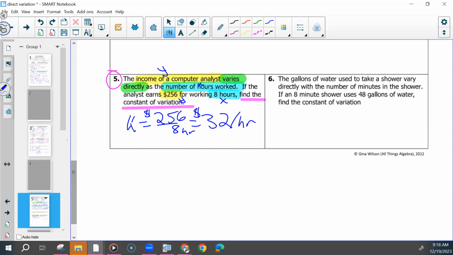So for number 6, the gallons of water used to take a shower vary directly with the number of minutes in the shower. If an 8-minute shower uses 48 gallons of water, find the constant of variation. What's important? 48 gallons of water.